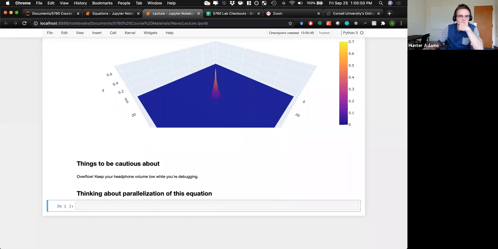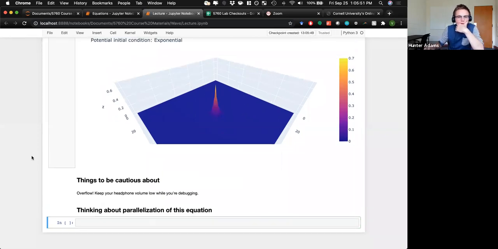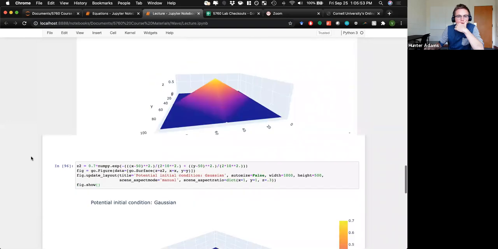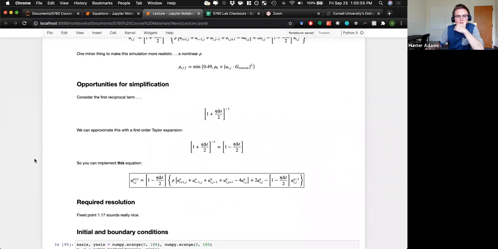So if we look at this equation, you'll build a state machine for each node that calculates this update. In all likelihood, you'll build some module that takes as inputs the amplitudes of all of the adjacent nodes and the amplitude of the node that's being updated at the current time step, and produces as an output the amplitude of that node in the next time step.